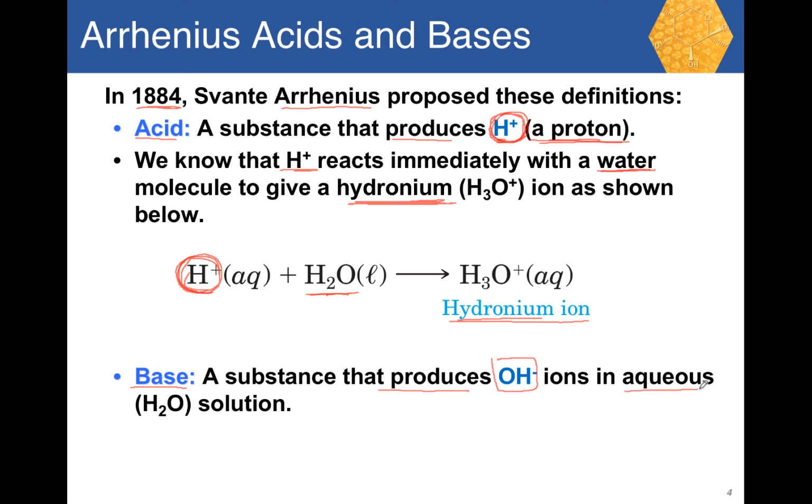Notice it has to be in aqueous solution, in water, to produce OH minus. We'll broaden that definition before too long, because we have reactions that take place in other solvents. But as a starting point, a base is any substance that when mixed with water produces OH negative ions.